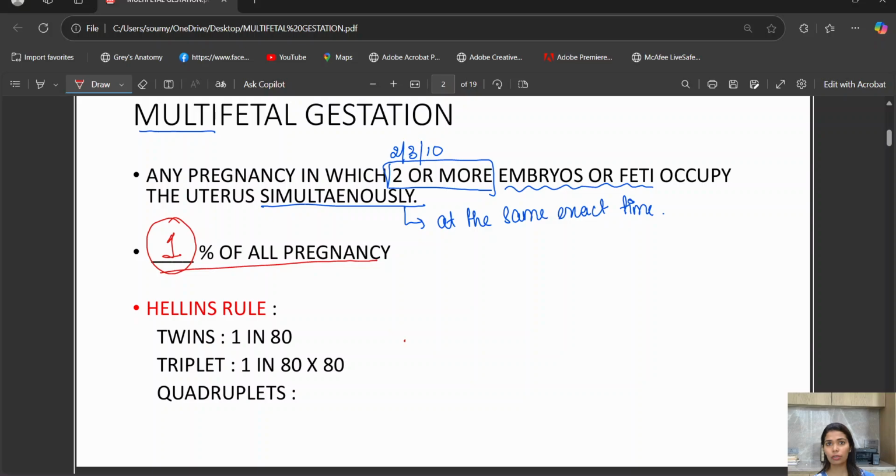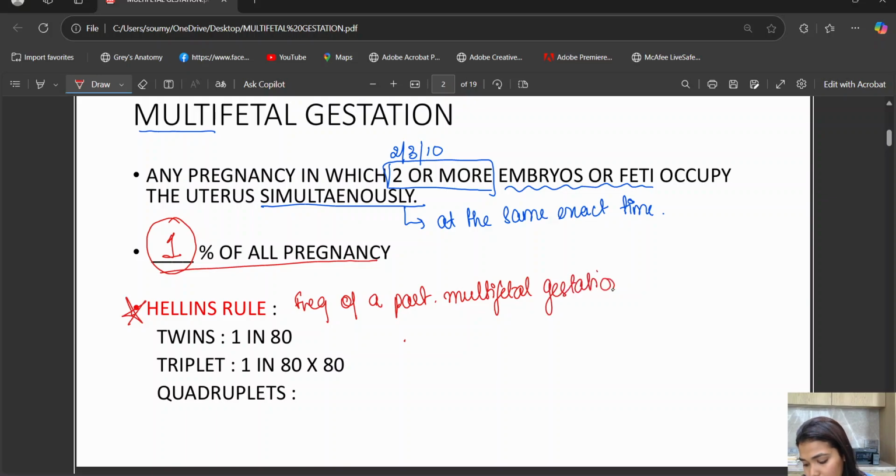Now, since we are on the topic of frequency, as in the incidence of something, let us discuss this very important rule called Hellin's rule. Now, what does Hellin's rule state? Hellin's rule helps us in understanding the frequency of a particular multifetal gestation. Now, like we said earlier, multifetal can be twins also, triplets also, quadruplets, pentuplets, any number.